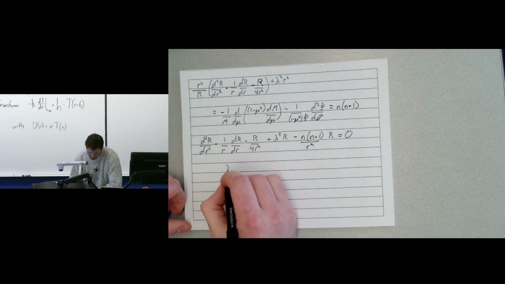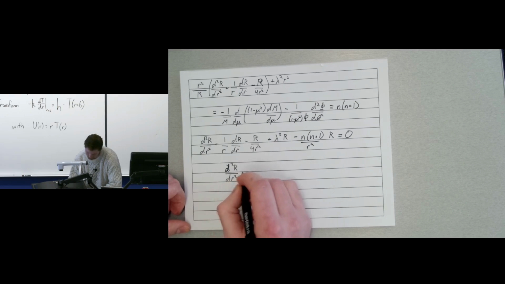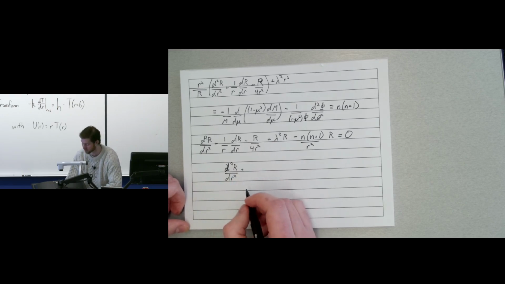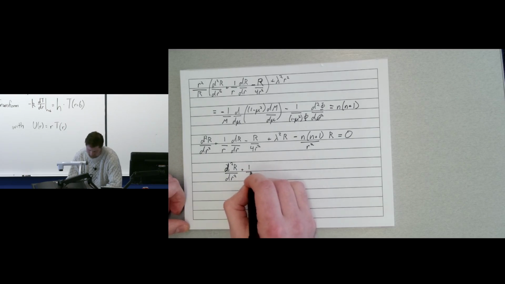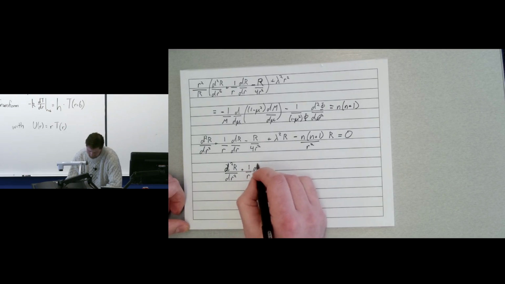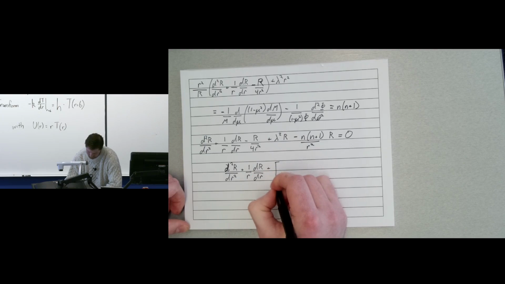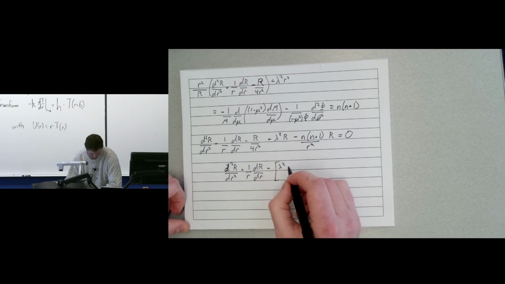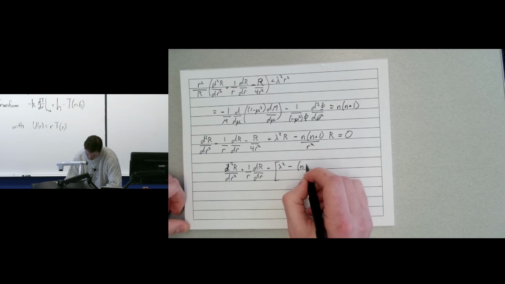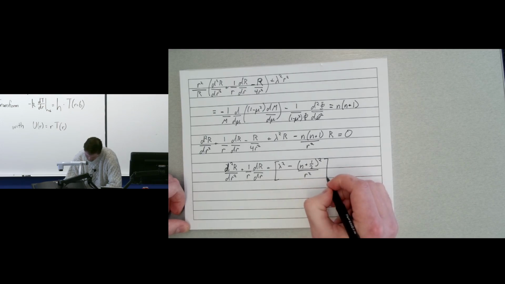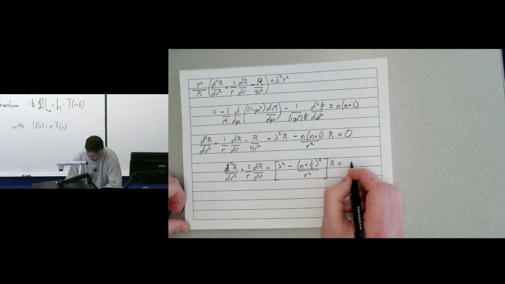We can rewrite this now as the second derivative of r with respect to r, plus lambda squared minus n plus 1/2 squared over r squared times r is equal to 0.